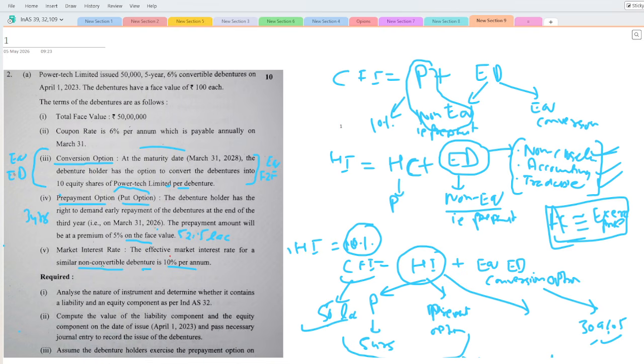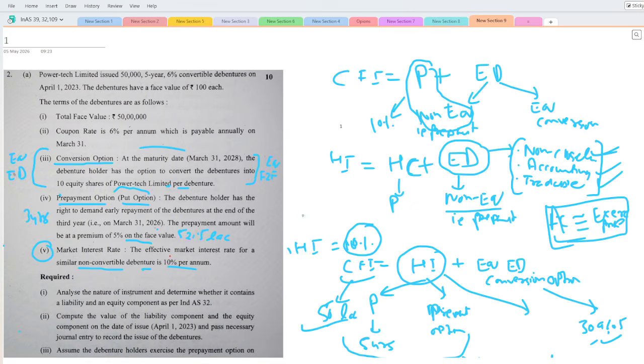So this is a very tricky statement. You should understand about it, and quickly I will tell you. Here, I have made the picture also. This is a CFI instrument, the compounded financial instrument, where you have a plain vanilla debt, the P, plus the embedded derivatives. You have two embedded derivatives, non-equity and equity.